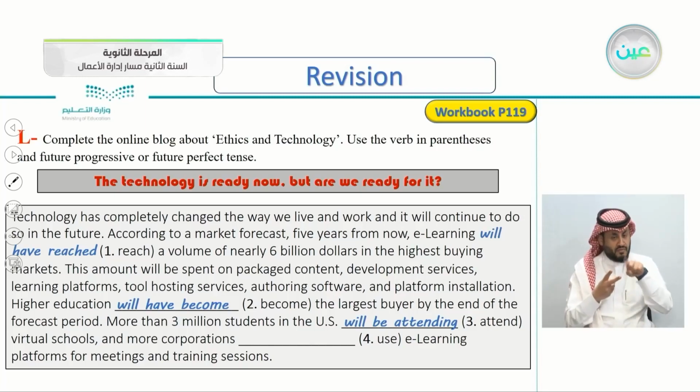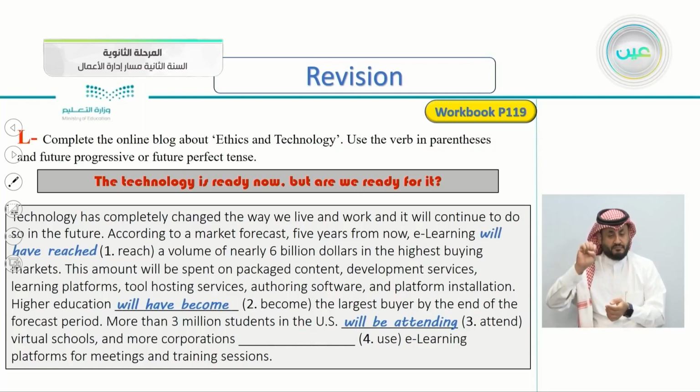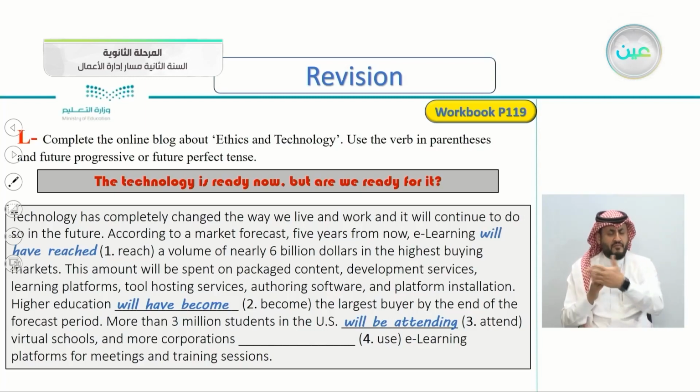Virtual schools and more corporations use e-learning platforms for the meeting and training sessions. So, more than 3 million students in the US will be attending virtual schools, and more corporations use e-learning platforms for the meeting and training sessions. So, number 4 here is use.